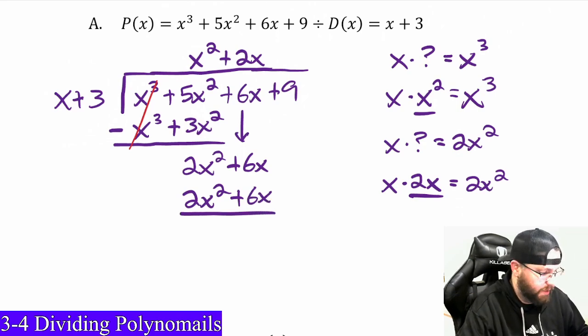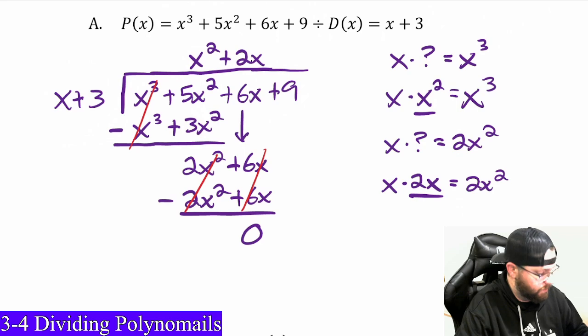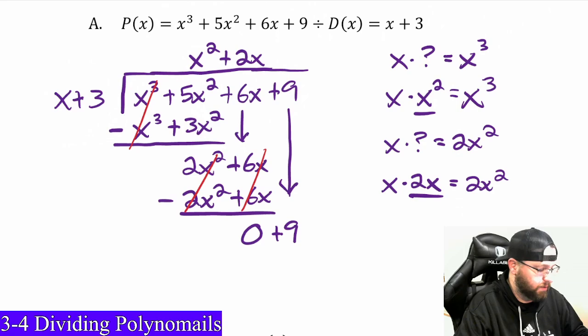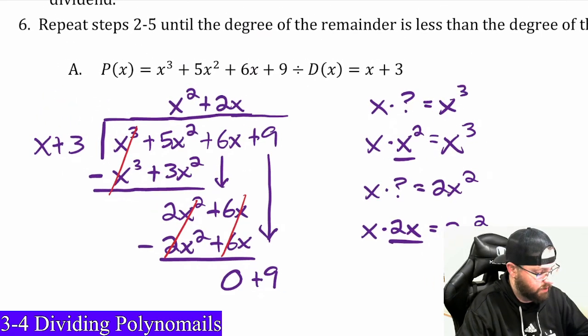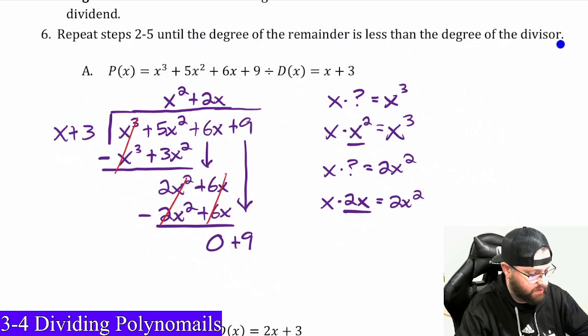Okay, and what happens is when we subtract, these cancel out, both of them actually do, and we're left with 0. So what that means is that when we bring this 9 down, this would be plus 9, we said we go until the degree of the remainder is less than the degree of the divisor.